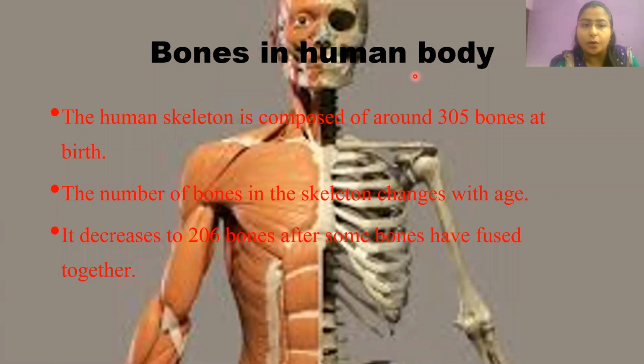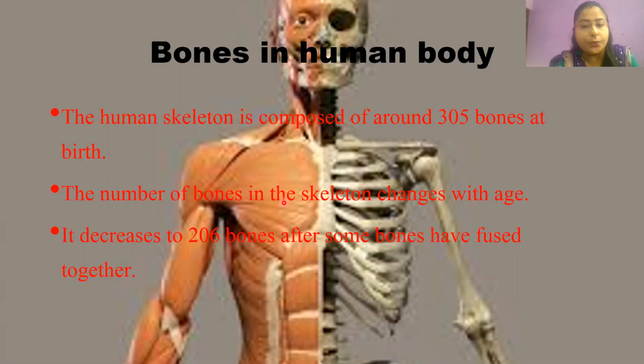Bones in human body. The human skeleton is composed of around 305 bones at birth. We all say that there are 206 bones, right? It's correct. But at the time of birth, in our body, there are a total of 305 bones.